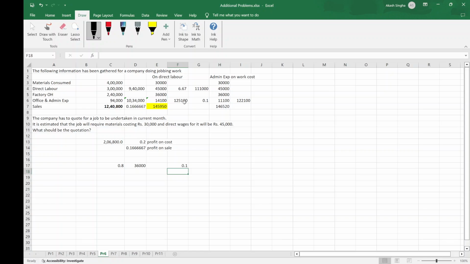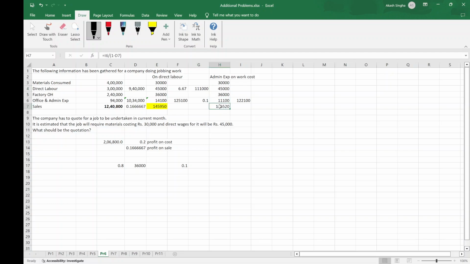In this case, these three are the values, the total will be this, and its 0.1 will be this.